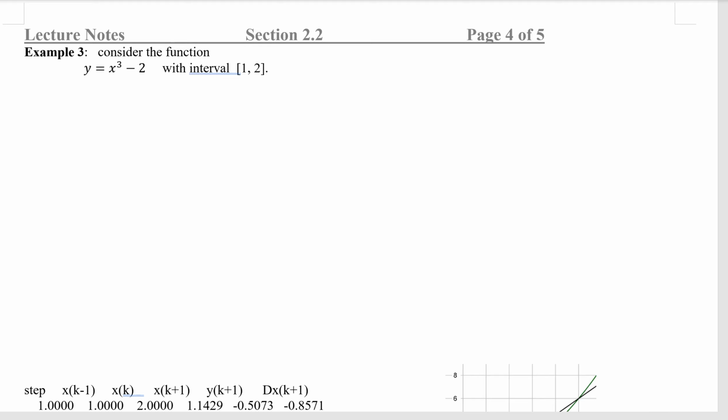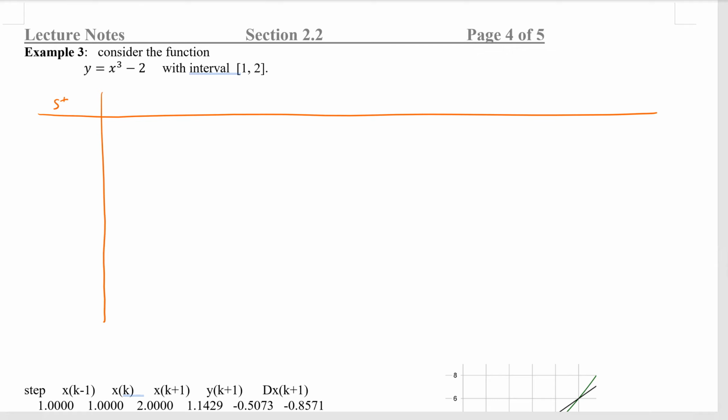There's no such thing. So, what do we do? Just draw the table. We have the steps, and then xk minus 1, xk, yk minus 1, yk, and then we have xk plus 1.